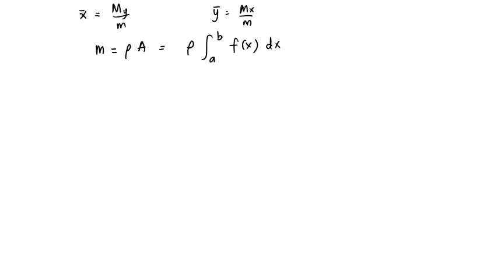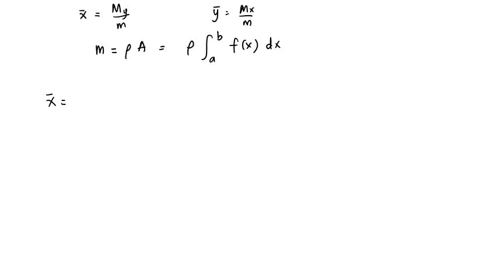Okay, but we are not done yet, because in order to find the x and y coordinates for the centroid, we need the total mass, right? So x bar is My/M, and y bar is Mx/M. Just like the system of particles, the center of mass is defined this way. The mass of the plate is M equal to rho times A, the density times the area. The area is just the area under the graph of f(x) dx from a to b.